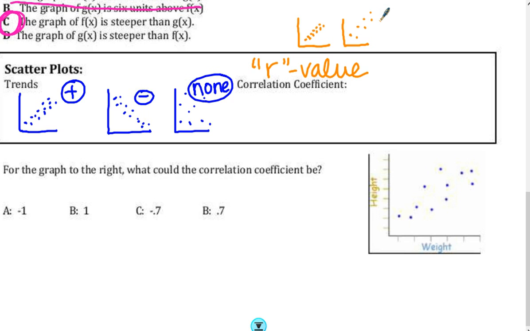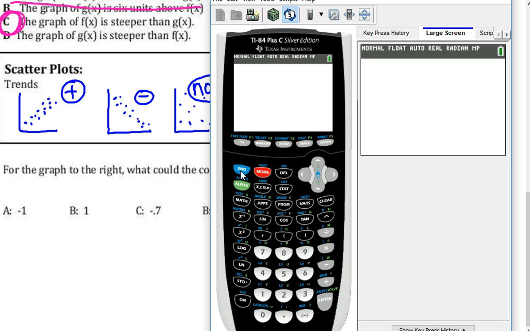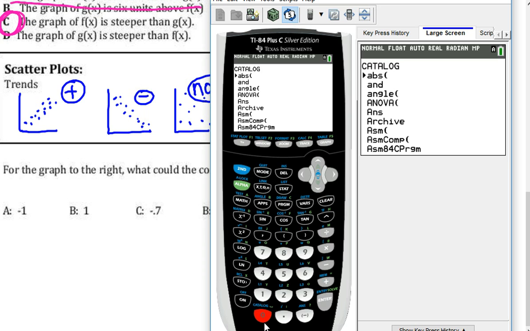So again, you have to remember how to do this. If you get your calculator, you have to go to second zero. Second zero gives us the catalog function, and then you have to scroll all the way down until it says diagnostic on, and then you'll hit enter twice until it says done. I'm not going to scroll all the way there right now because it takes forever to do on the computer calculator.